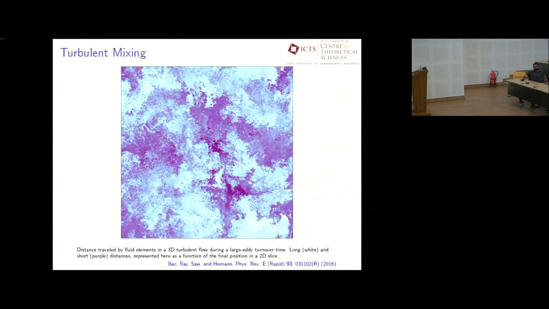So the point is the following. What we are really worried about, the reason why we feel that turbulence will play a role, has to do with what's known as turbulent mixing. Again, something which was probably taught in the classes here. Let's look at this snapshot so you get a visual idea of what turbulent mixing is all about. This is color-coded in such a way that the dark-colored patches are fluid elements which have traveled a given distance in time tau.